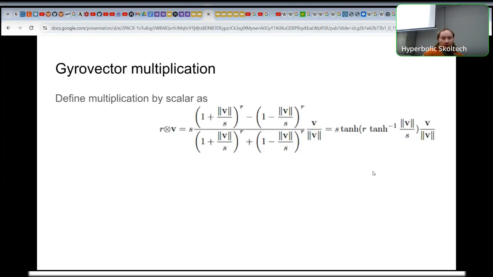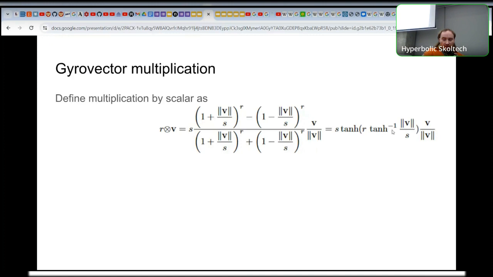Okay. Also, you have a multiplication by scalar defined by this formula. In idea, S here again equals the radius of your ball or speed of light or whatever you want. So here is the formula with hyperbolic tangents. Here you can see something like a conjugation.